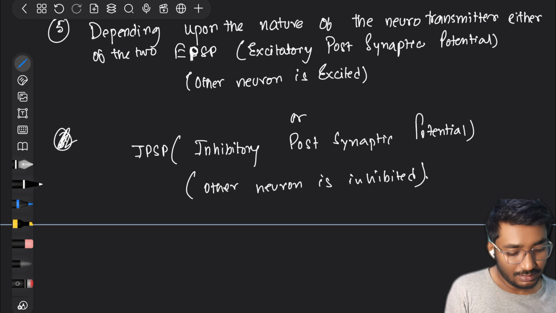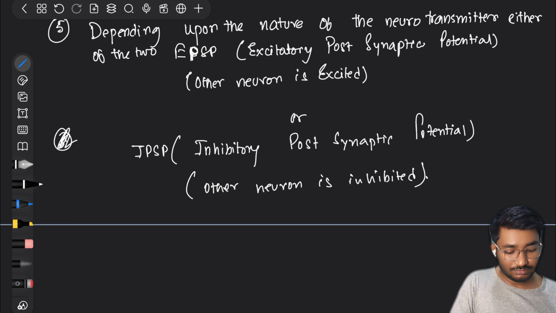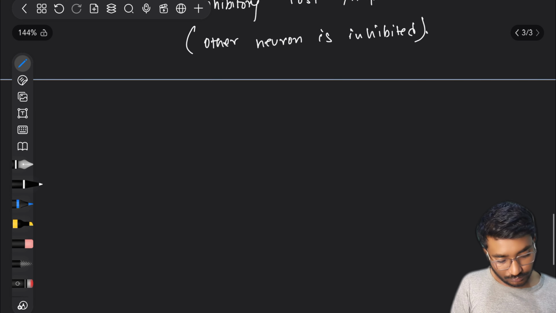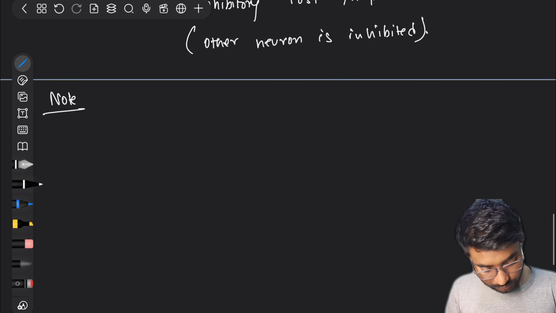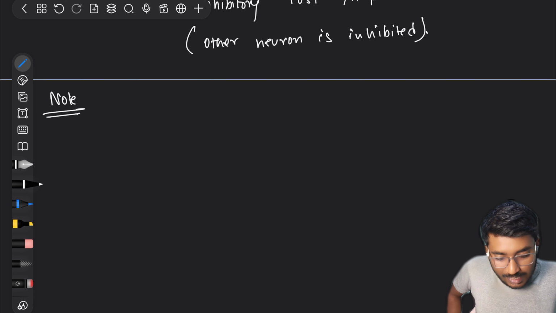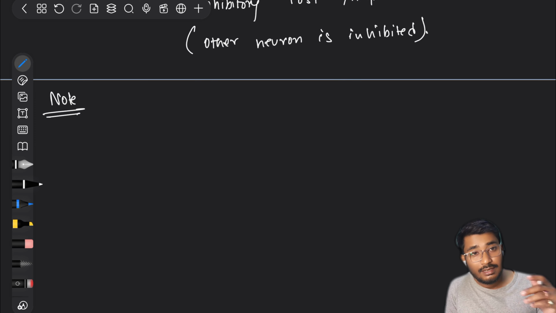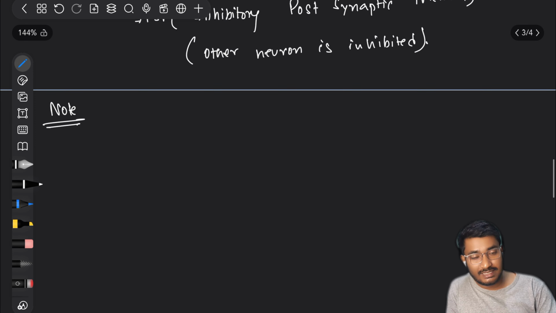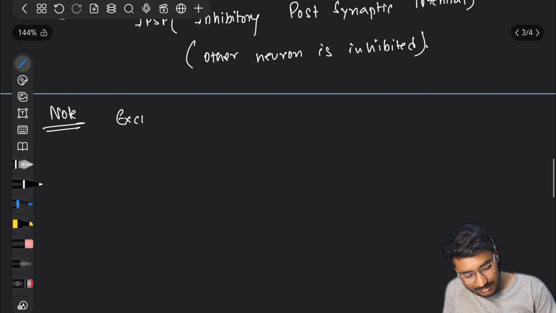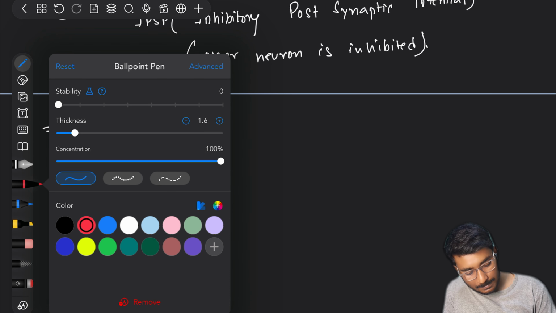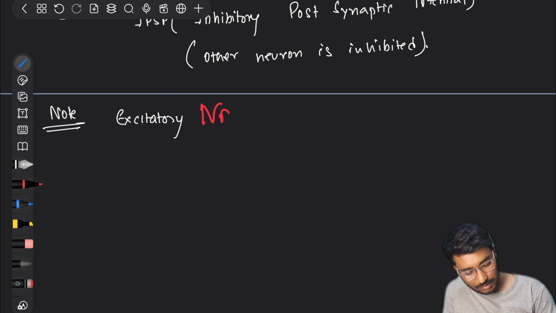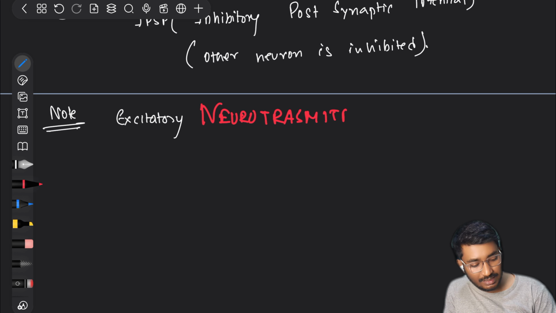Okay, done. Now, write a note. Example of the excitatory neurotransmitter, the neurotransmitter that causes an excitation. I have marked it with red because it may come in the NEET.